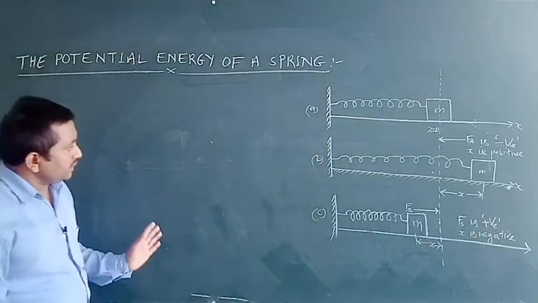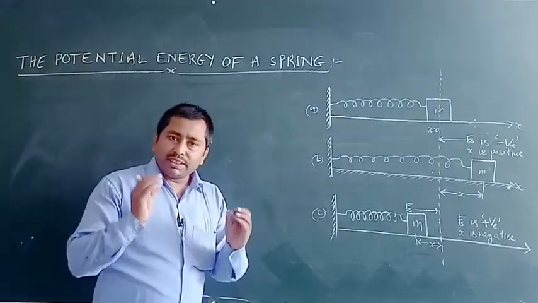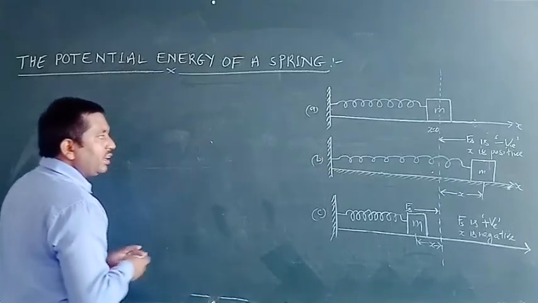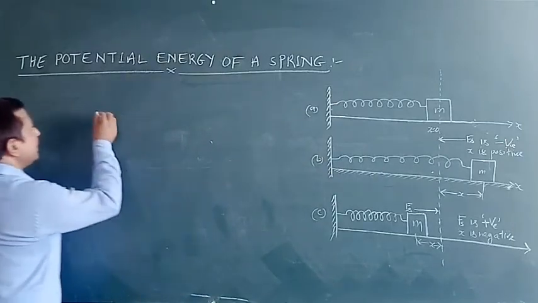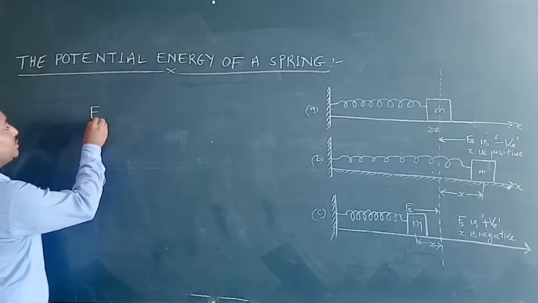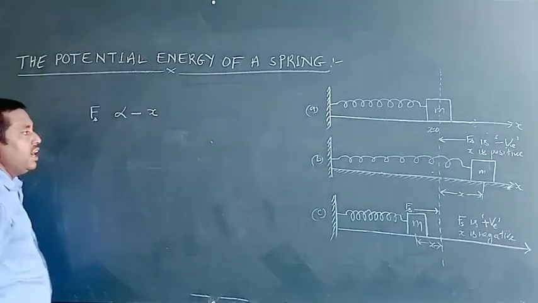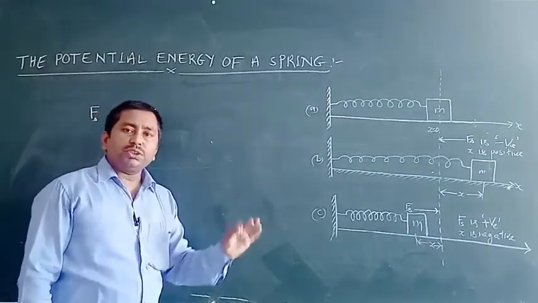Since we know that the force applied by the spring can be measured by a particular experiment, it is observed that the spring force is always directly proportional to the displacement, and its direction is always opposite to the displacement.